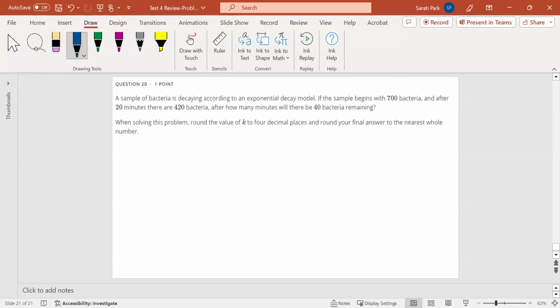Okay, number 20, we have a sample of bacteria decaying according to the exponential decay model. Let's write the decay model, A of t equaling some initial value A, and we have e to the negative kt because it's a decay.